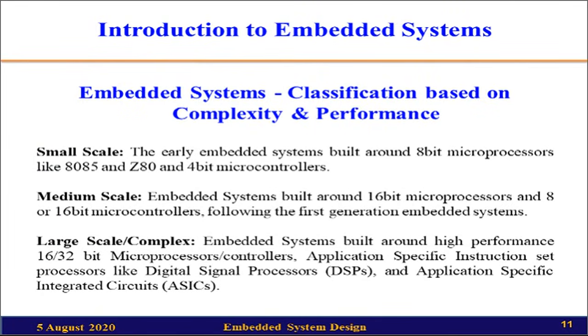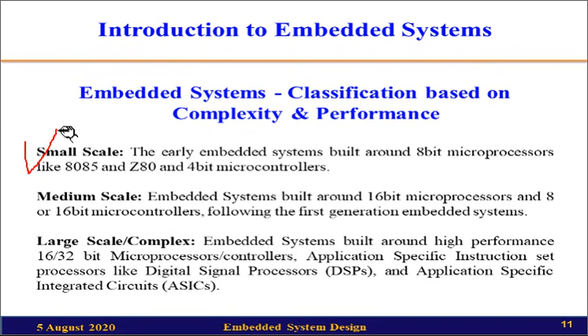And next we have classification based on complexity and performance. Based on the complexity and performance, we have three categories: small scale, medium scale, and large scale or complex scale. Small scale is the one which was built on 8-bit and 4-bit microcontrollers, that is 8-bit processors like 8085 or Z80 and 4-bit microcontrollers.